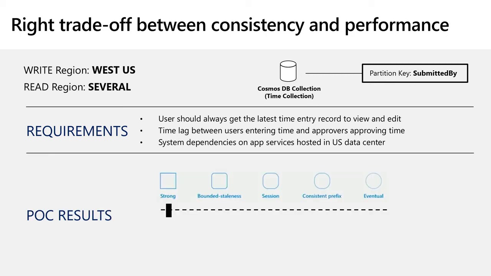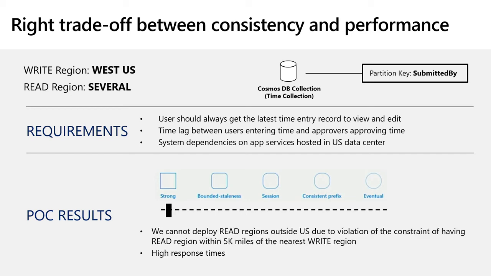Cosmos DB offers consistency levels from strong all the way to eventual. And in between, it offers 3 extra consistency levels. So let's go with strong and see what the results are. When we put strong, the availability is low, because each time you write, it has to replicate into all the regions. And after all the replication is done, that's when it says, okay, I'm done, and here's the new copy of the data.